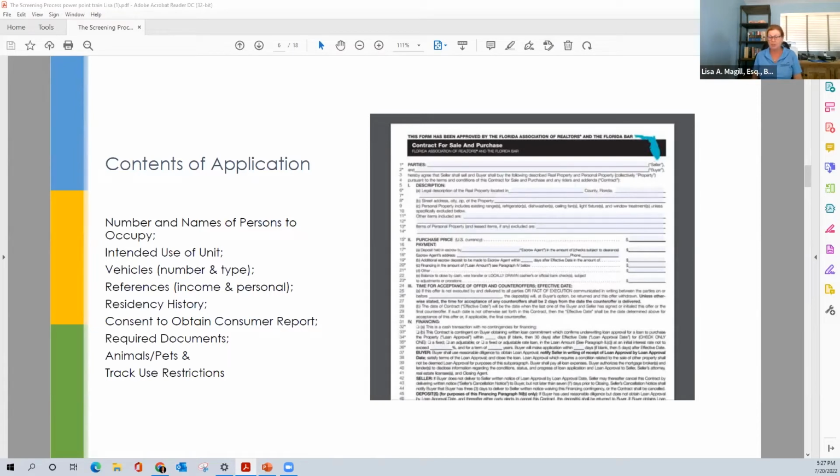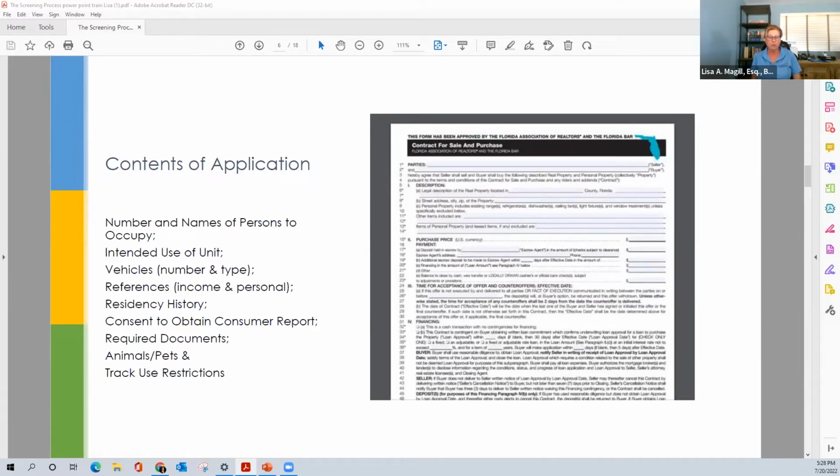This is a tricky wicket, though, because you want people to disclose the vehicles they own, because then you can marry that information to your existing parking restrictions. If you only have one parking spot that's assigned to that unit, and you don't have any additional available spots for either second car rental or otherwise, then you're going to want to ask the applicants, hey, you only get one spot.